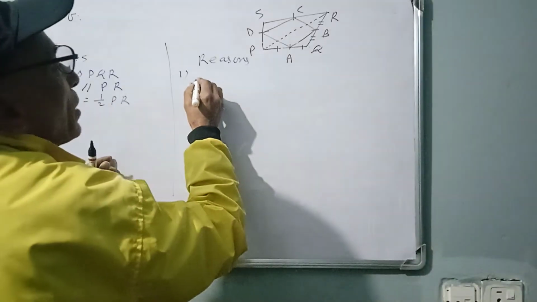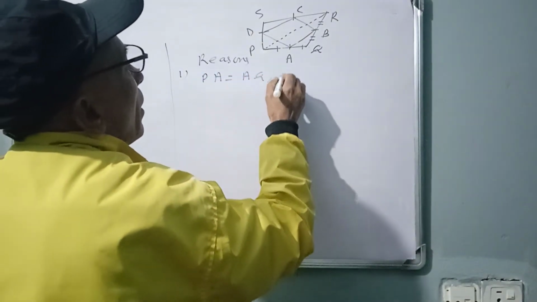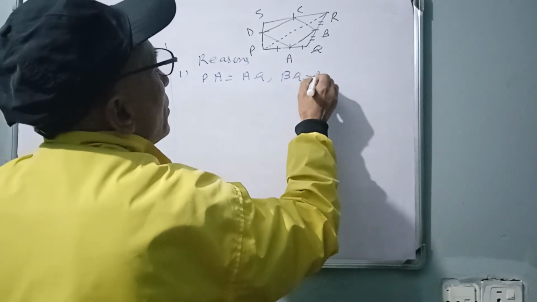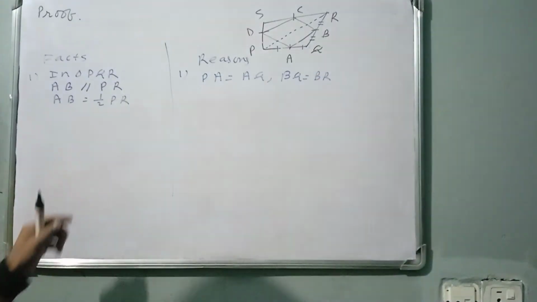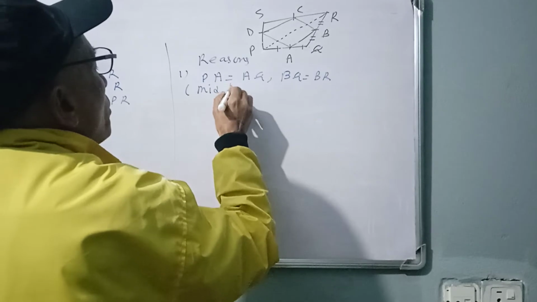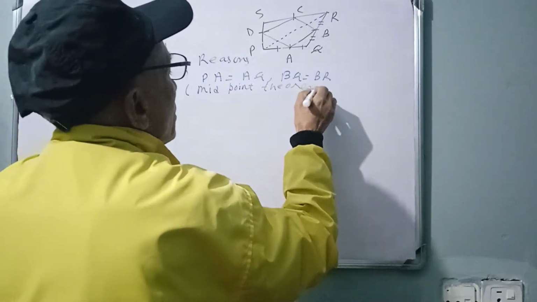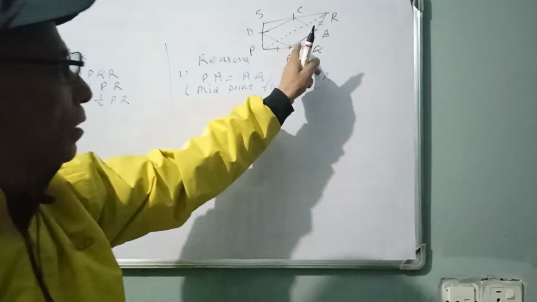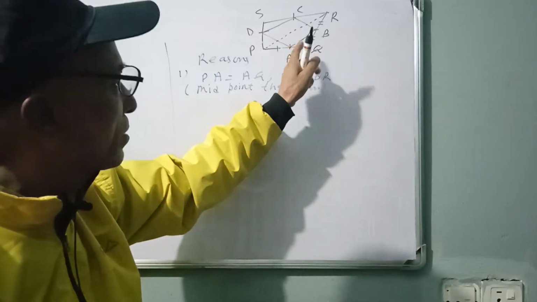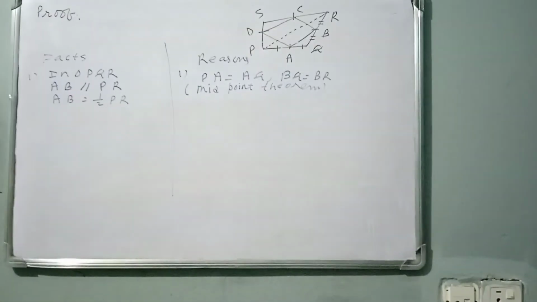What is the reason? Because PA equals AQ and BQ equals BR, using the midpoint theorem. This is called the midpoint theorem. The statement is: the line joining the midpoints of two sides of a triangle is parallel to the third side and half of it.